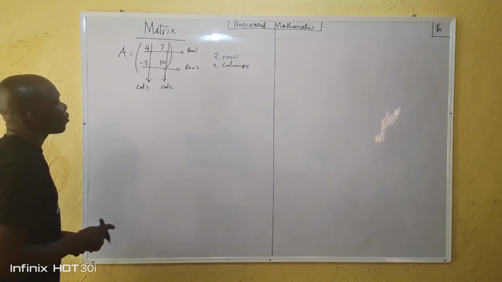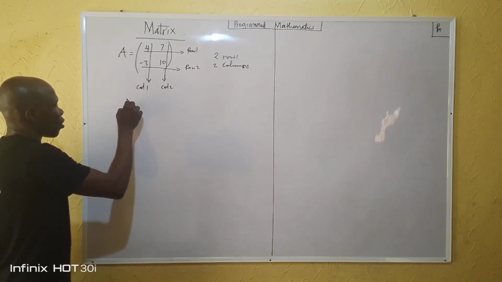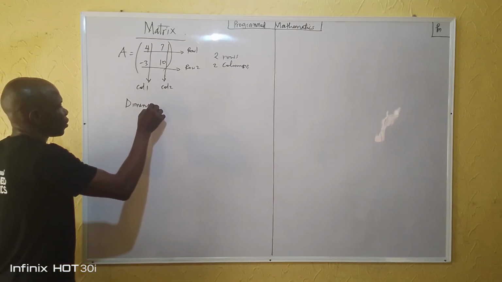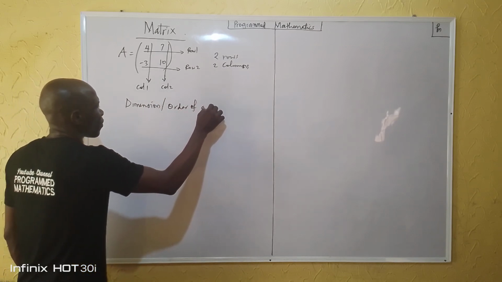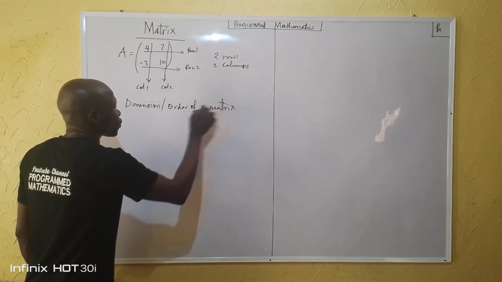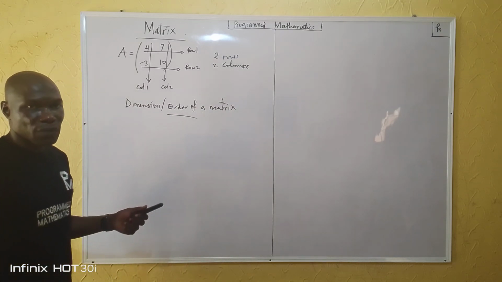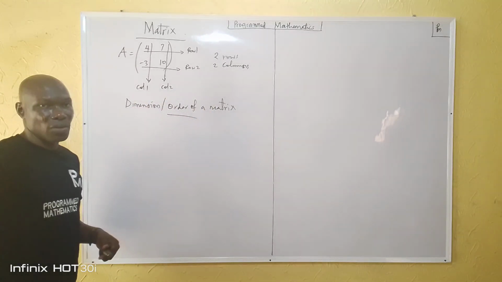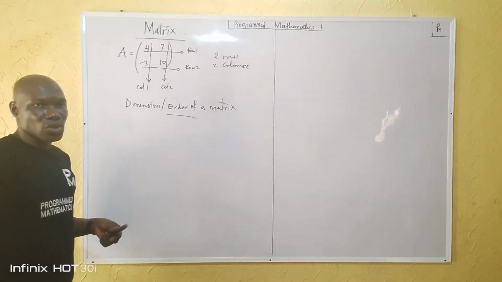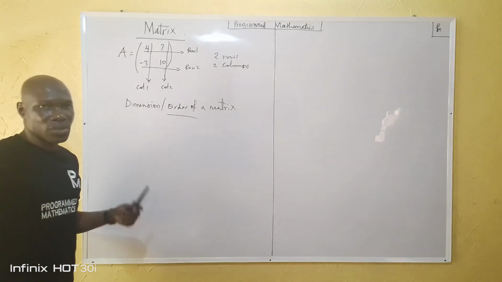Alright, so today we shall be looking at the dimension or order of a matrix. Now, once you know that rows are the horizontal arrangement of elements, and columns are the vertical arrangement of elements, when you are given a matrix, you should be able to say how many rows and columns the matrix has.